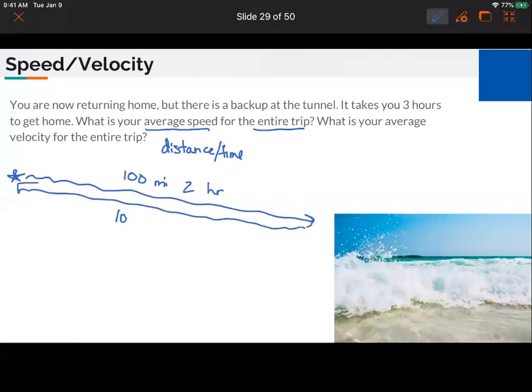So 100 miles that way. And it took 3 hours. The average speed is going to be 200 miles over 5 hours, which is hopefully 40 miles per hour.